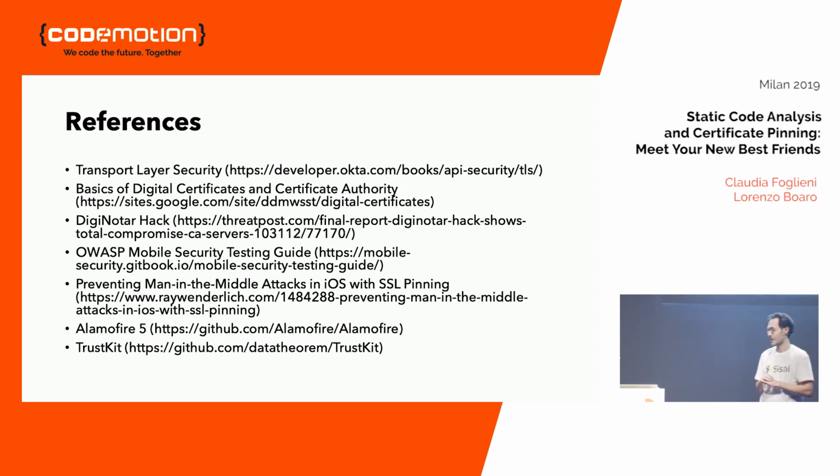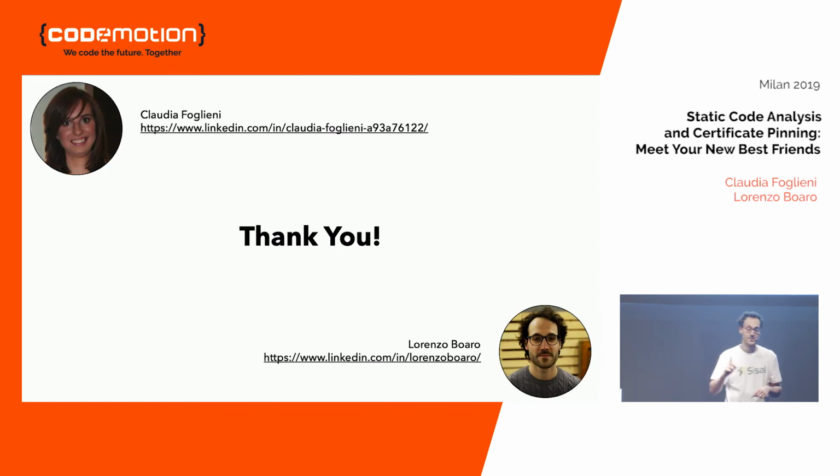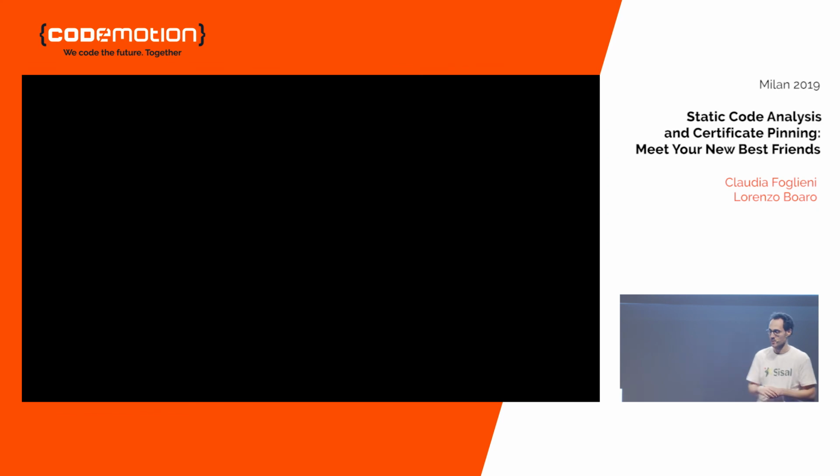Another aspect I will add is that I talked about iOS, but you can have certificate pinning also in Android. With Android you can have network security XML files, and then you can put the hashes of the subject public key info there. But TrustKit also works with Android, so it's very cool to see it in action.